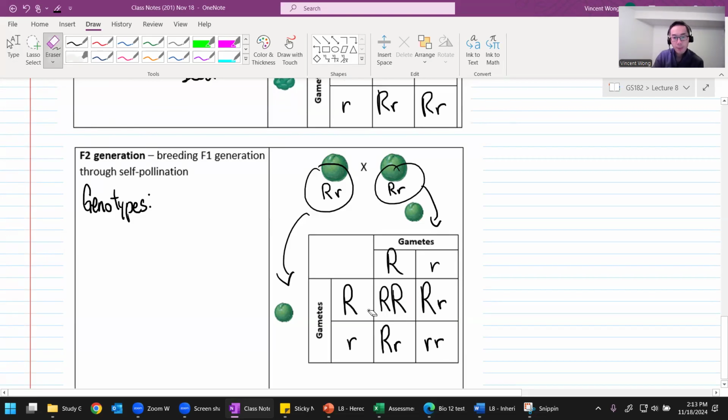We have big R, big R, 1 out of 4. That is 25%. We have big R, small r, which is 2 boxes out of 4. That's 50%. And then finally, small r, small r is 1 out of 4, another 25%.